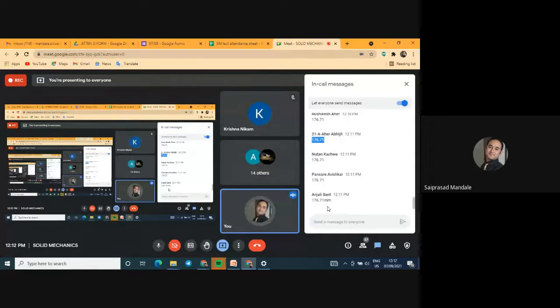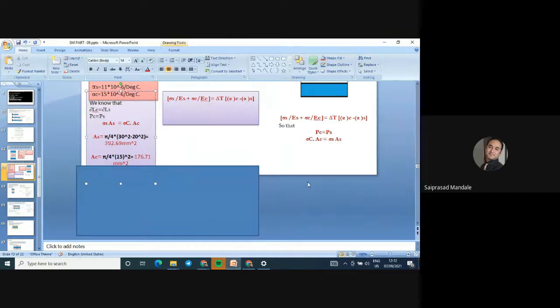What you have to do is put the values of both areas in that equation and tell me the relationship between sigma C and sigma S.